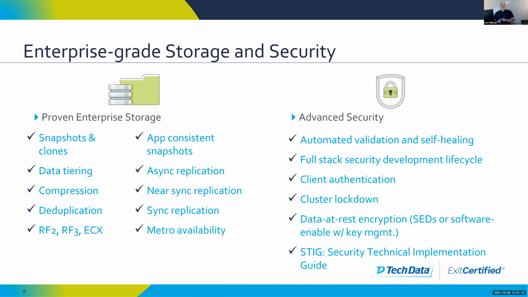Nutanix specifically not only helps us address what we think about as the storage concerns, but a lot of things like business continuity concerns. Frankly, everything over here in this second column is primarily talking about business continuity concerns. Everything on the right side of the enterprise storage section of this slide is talking about the data efficiency and the data performance capabilities.